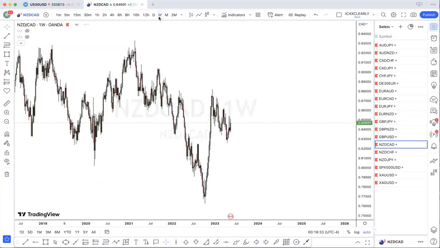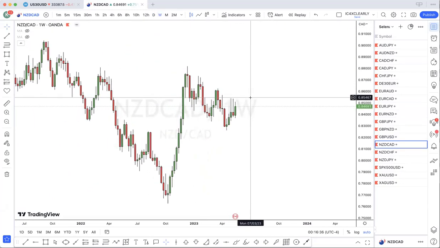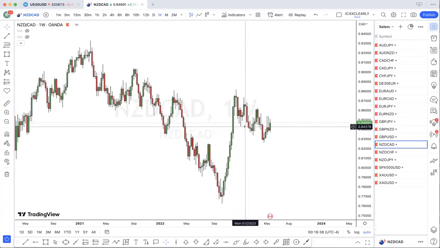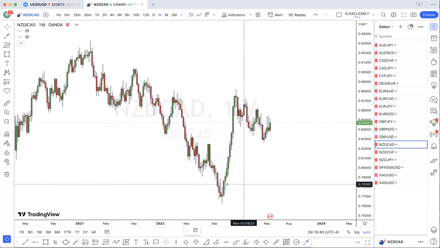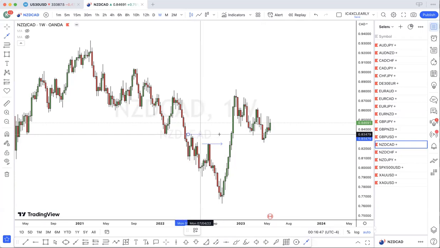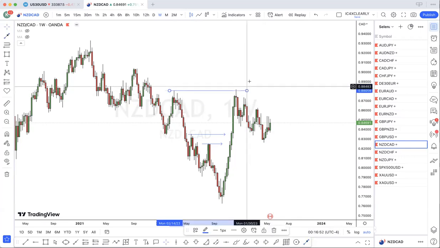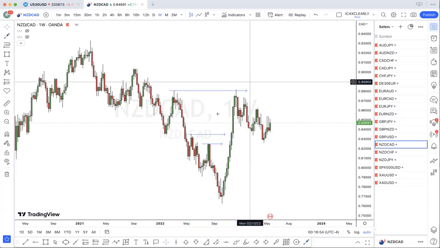Next, we have NZD CAD, which was a bullish order block. Now, we had breaks of structure here, here, and it only wicked past here, right?